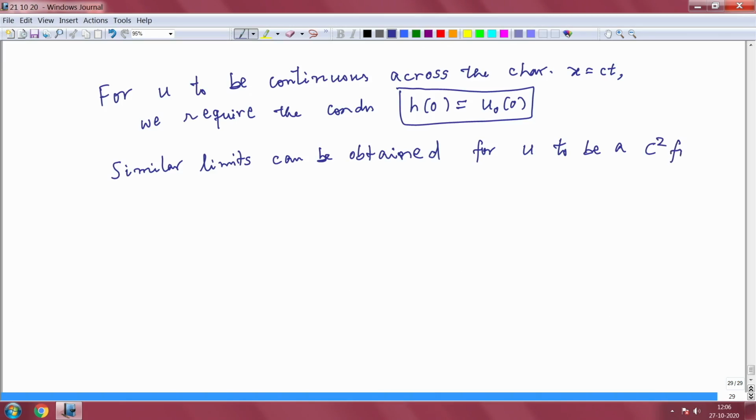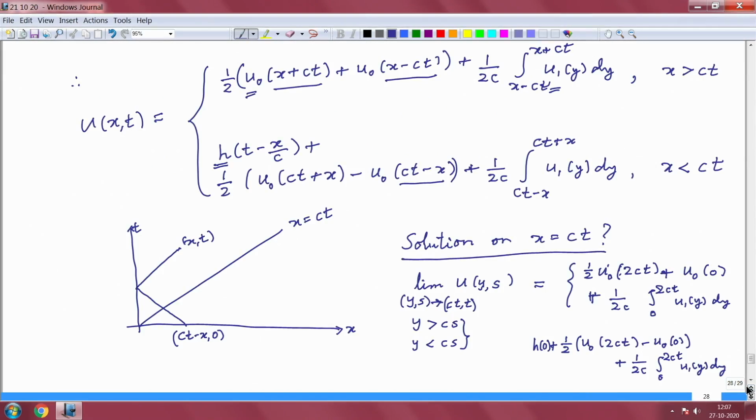C 2 function. So, let me write down. It is a bit of computation. Similarly, you can differentiate this expression with respect to either x or t, and similarly u x x, u x t, everything.